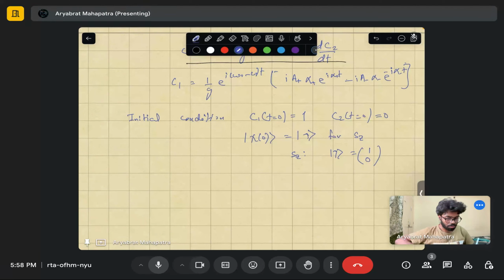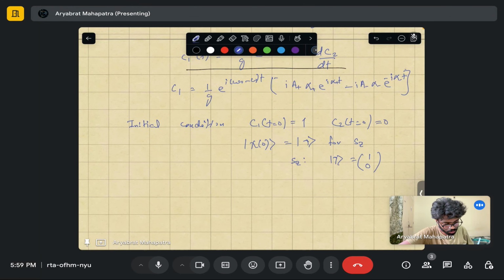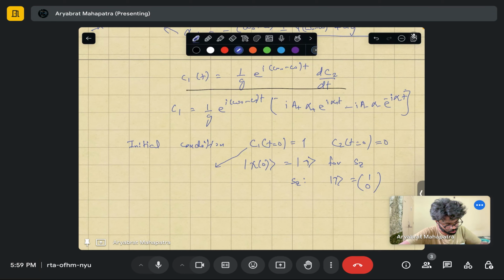So we know what C1 and C2 are from here. You will get A plus and A minus. So for C1, you put t equals 0, then you have A plus alpha plus minus A minus alpha minus by z equals 1.